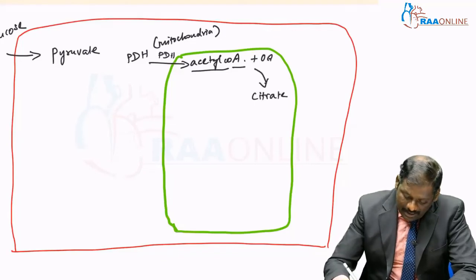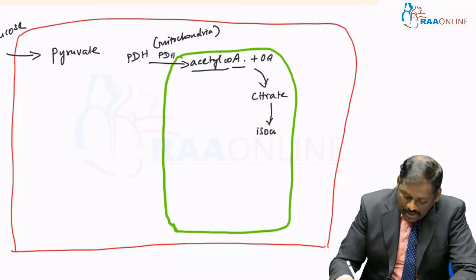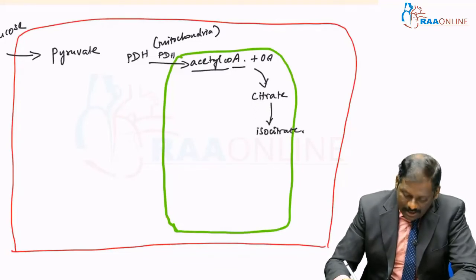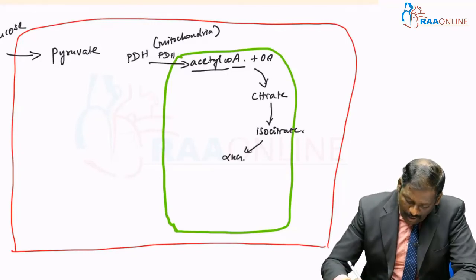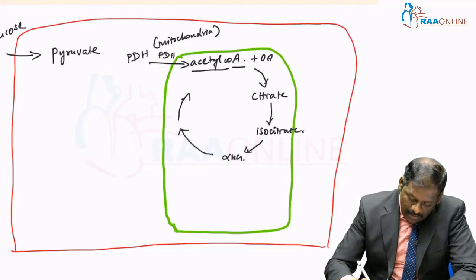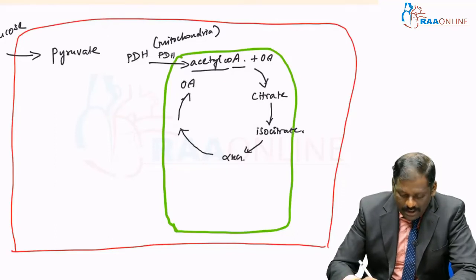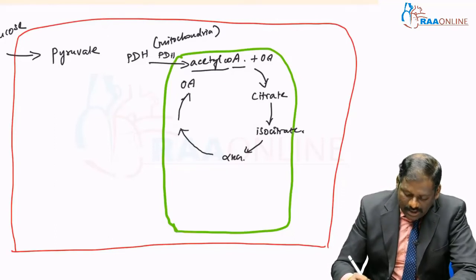This citrate then, in the presence of aconitase, gets converted into isocitrate. This isocitrate then gets converted into alpha ketoglutarate. The point here is that this cycle continues on and on. Finally, oxaloacetate will be released and you release lots and lots of energy.